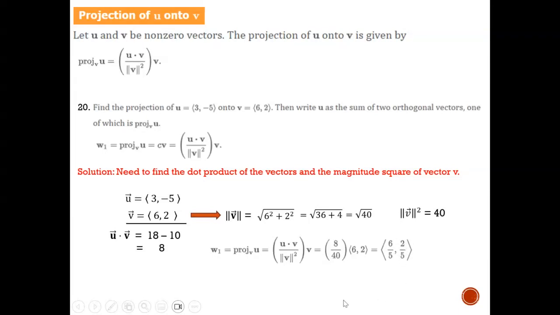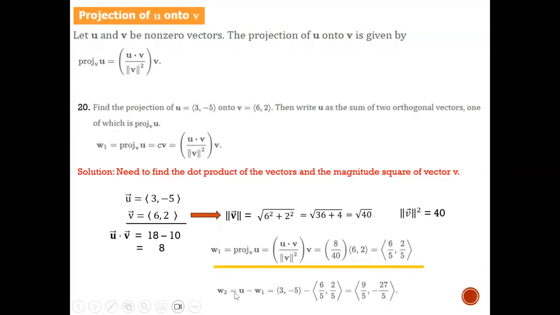Okay. Now I want you to write the sum of the orthogonal vectors, one of which is a projection of u. So here, guys, we're looking for a W2, which is u minus W1. My vector u is <3, -5>, right here from the beginning.